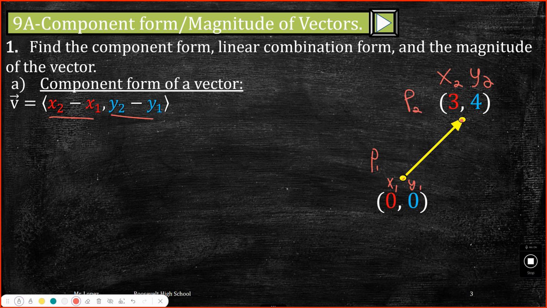So the component form of the vector, and this is how you denote that it is a vector, v with an arrow on top that always goes to the right no matter what, is equal to: 3 minus 0 is 3, and 4 minus 0 is 4. So the components are <3, 4>.